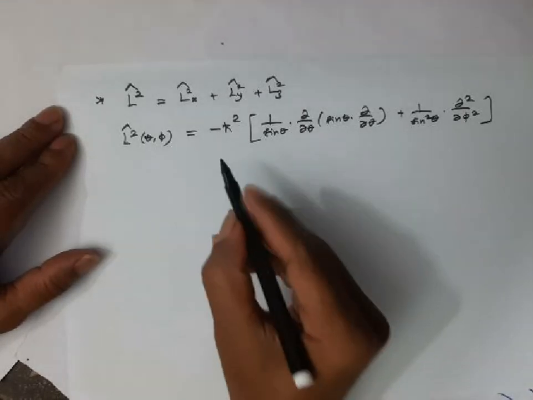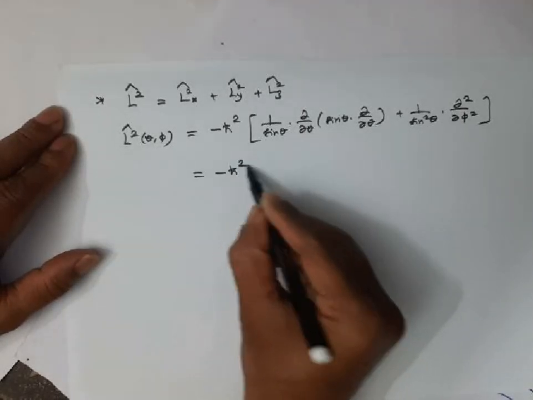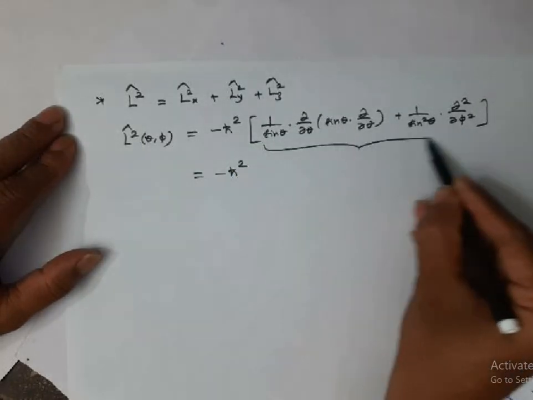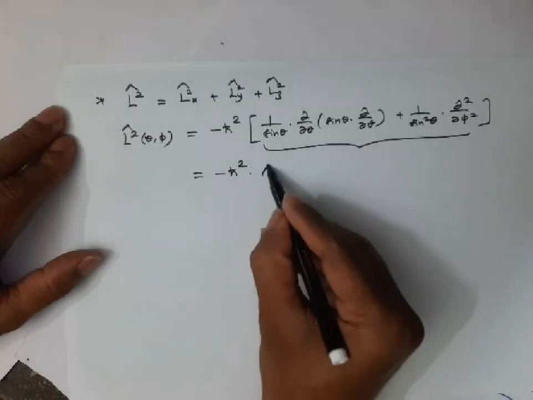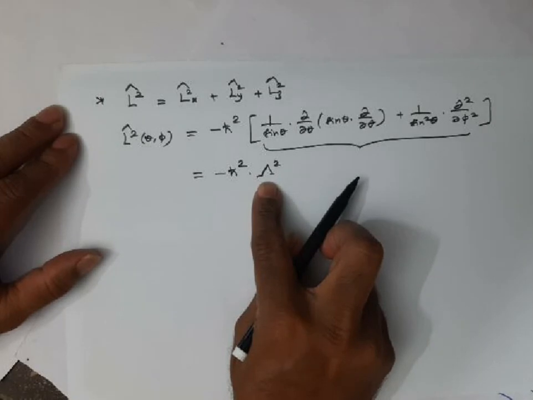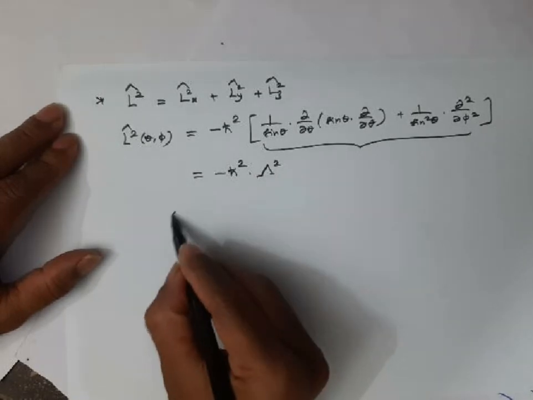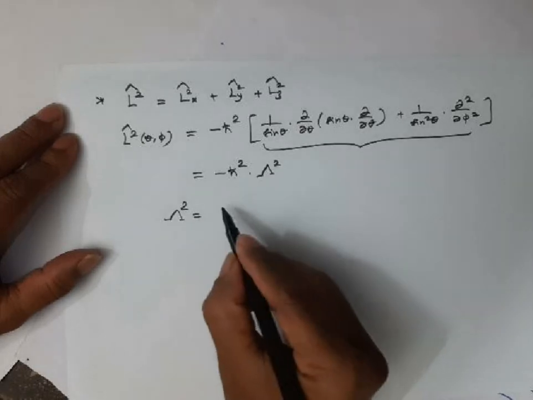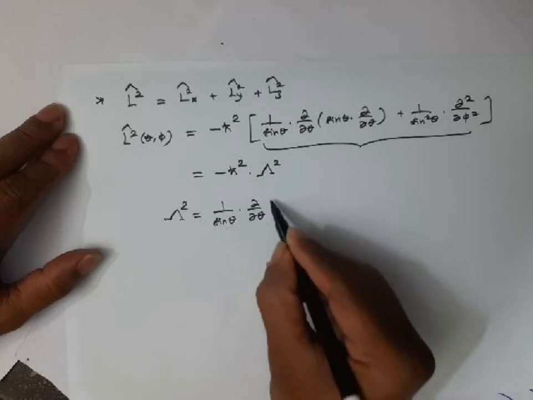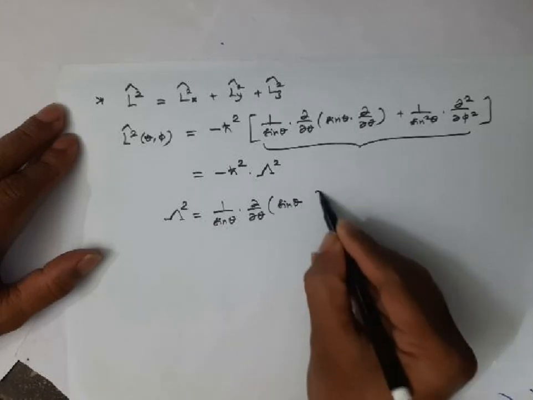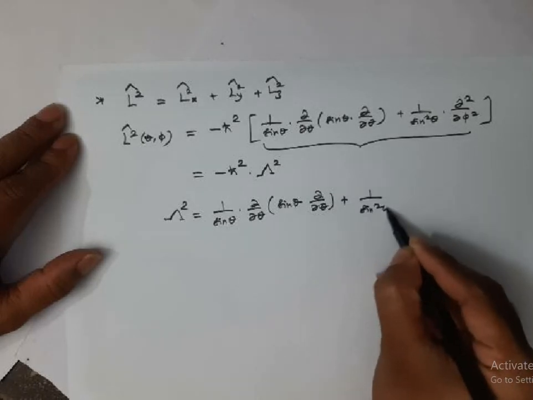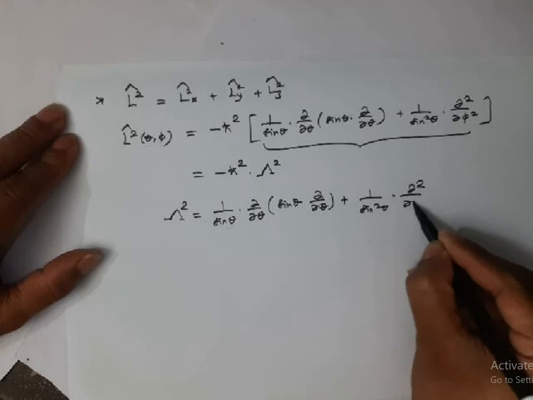Here is another important piece of information. This h bar square, you keep it as such. This other part is usually called the Legendrian operator, lambda square. So what is the Legendrian operator? The Legendrian operator is nothing but this part: 1 by sine theta dou by dou theta into sine theta dou by dou theta plus 1 by sine square theta into dou square by dou phi square.